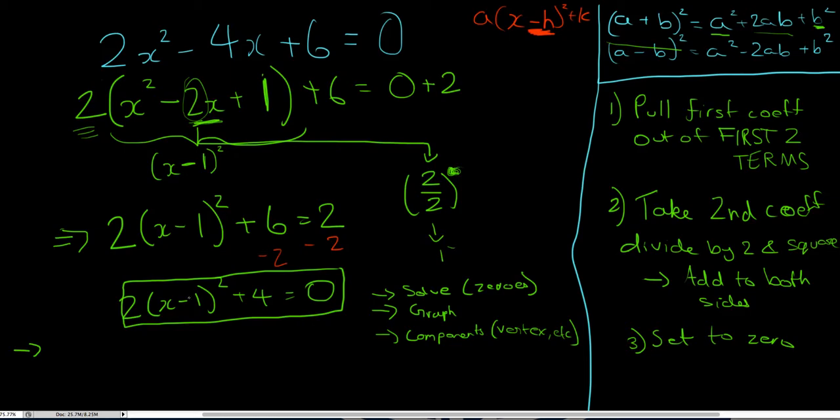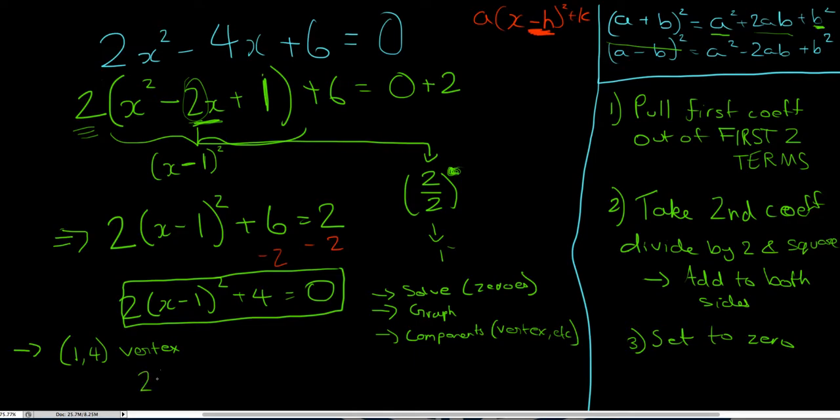So we're going to have our vertex as +1 and plus k, we got +4. So (1, 4) will be our vertex. Okay, so that's that. And then we can also find the zeros here.